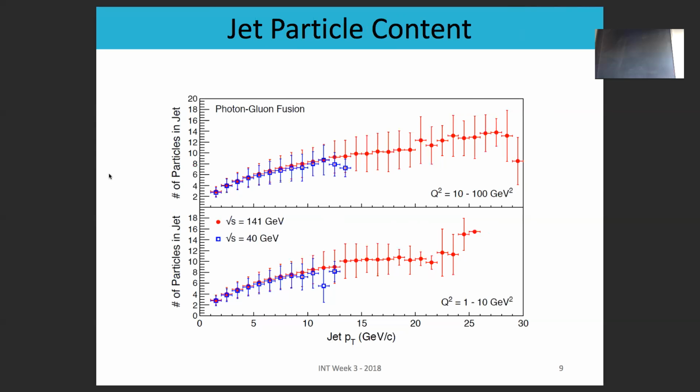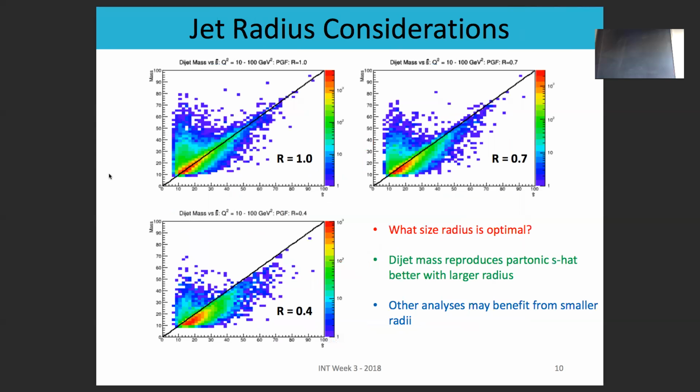Right. If you go to your next slide, of course, what you see also with a radius of 1 is that you get these tails to high masses, which of course come from the underlying event inside your jets. I actually didn't put the underlying event stuff in this talk. So I mean, EP events are going to be relatively clean.